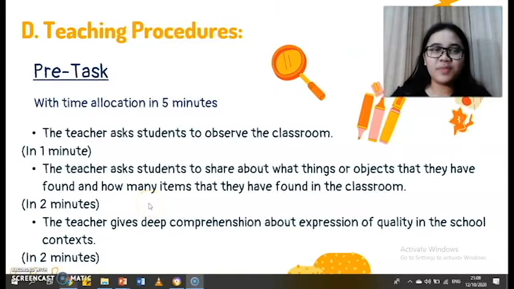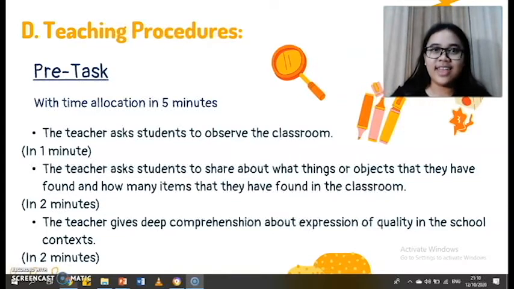Okay, teaching procedures. First is the pre-task with a time allocation of 5 minutes. So here, the first step is the teacher asks students to observe the classroom for 1 minute. The rationale is the teacher uses the students' surroundings to lead into the topic, because the topic itself is about objects and places in school.